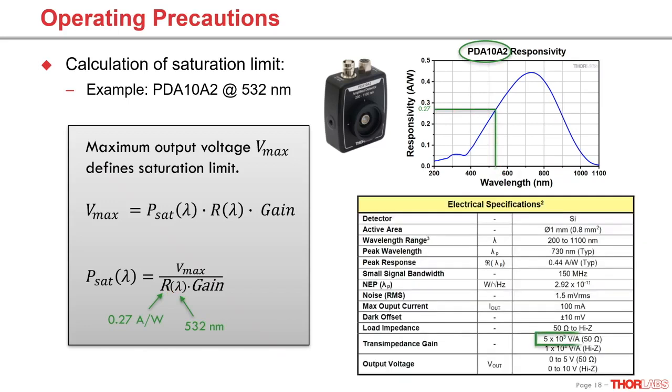Assuming a 50 ohm termination, the gain is given as 5000 volts per amp. Put that to the gain, and the maximum output voltage is 5 volts. We have it here, 0 to 5 volts for 50 ohm. As a result, we get a saturation limit of 3.7 milliwatts.